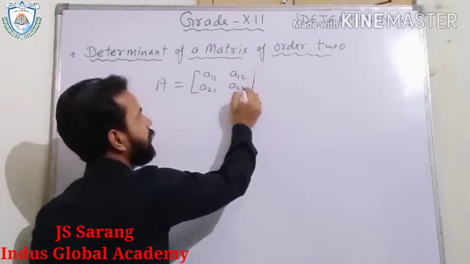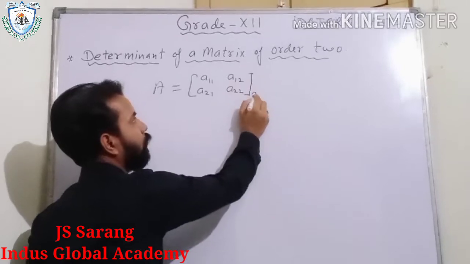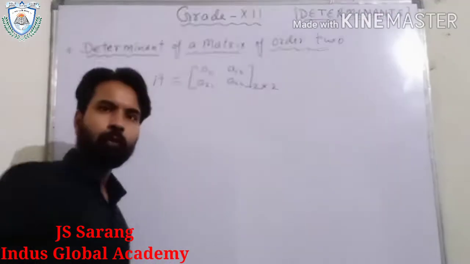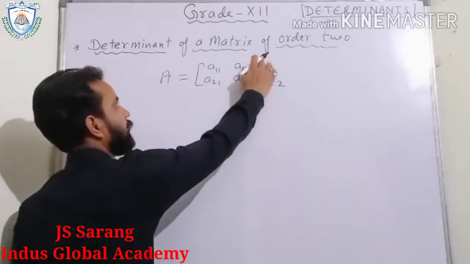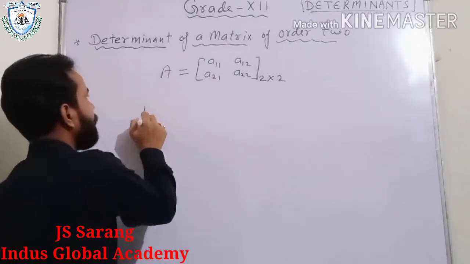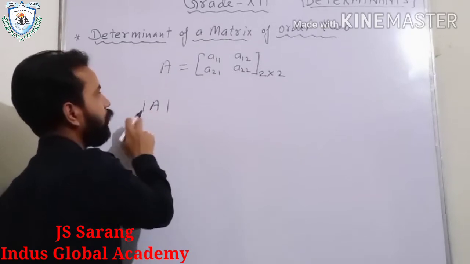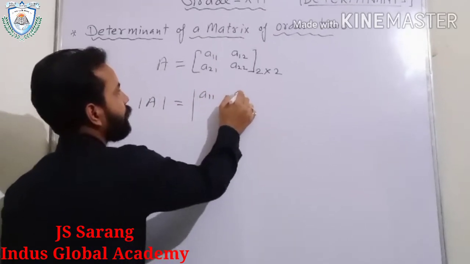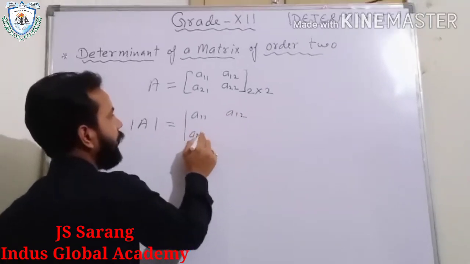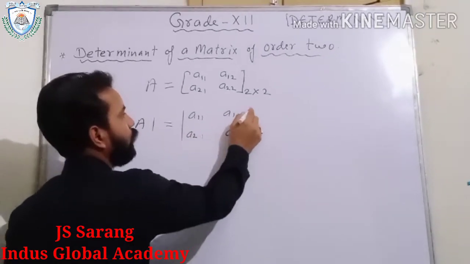So consider this is a square matrix of order 2 by 2. How can we find the determinant of this square matrix? The determinant of A is equal to the determinant of A11, A12, A21, A22.